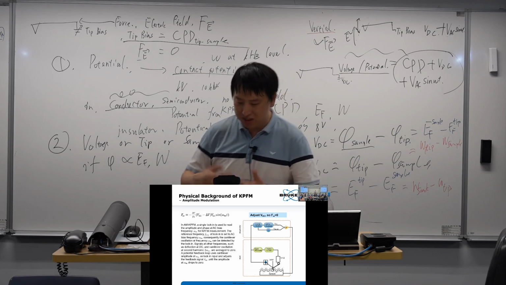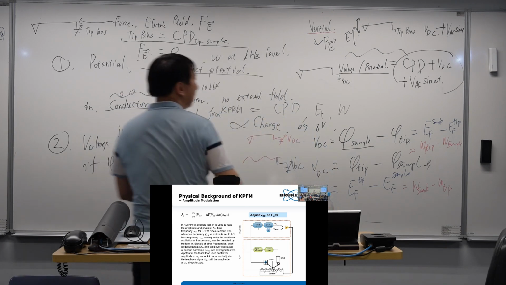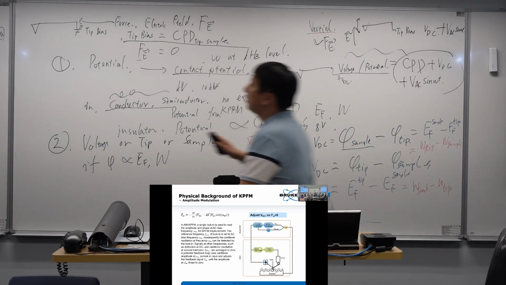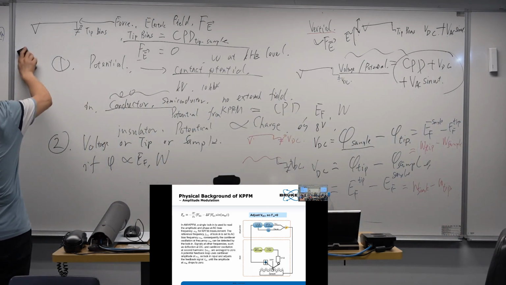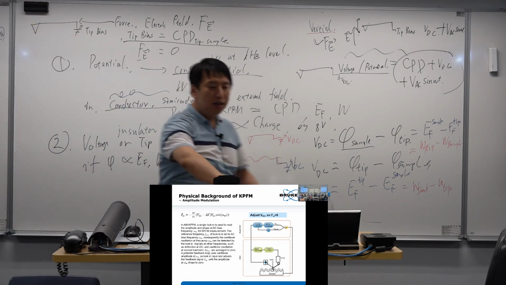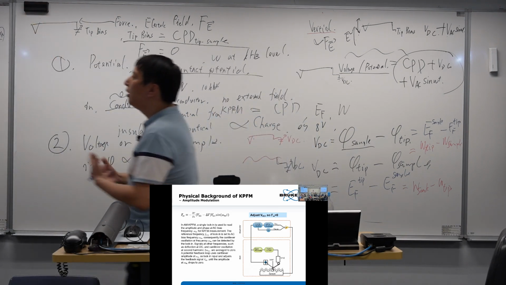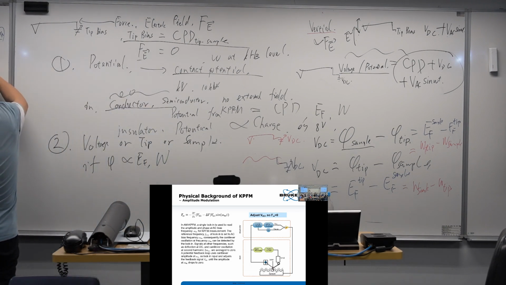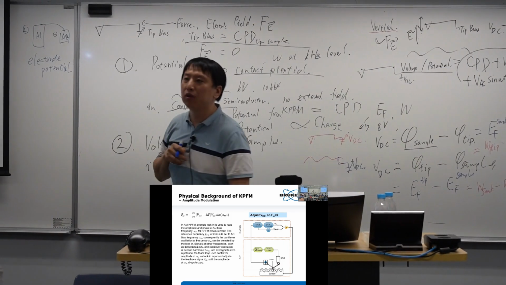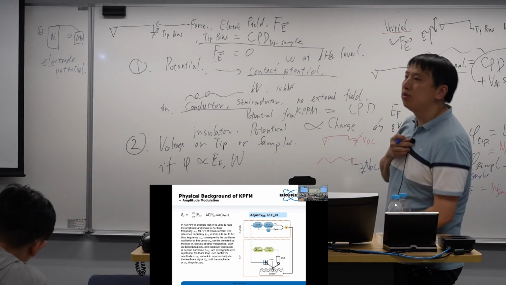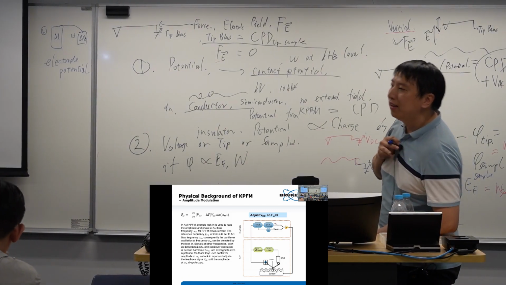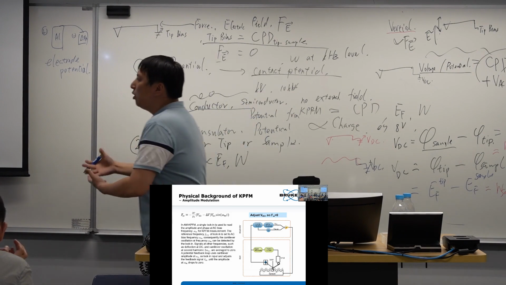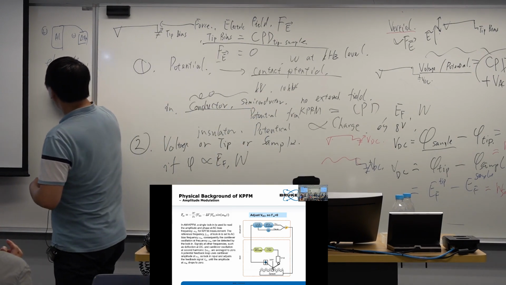Just a brief introduction here: there is another potential in our material study, which is the electrode potential. It's related to electrochemistry, and in electrochemistry we usually define it in terms of reduction.